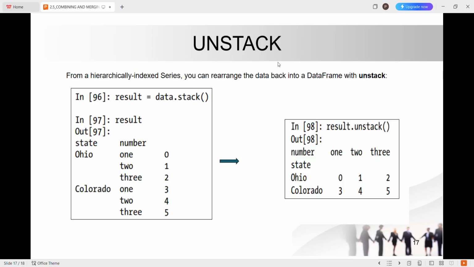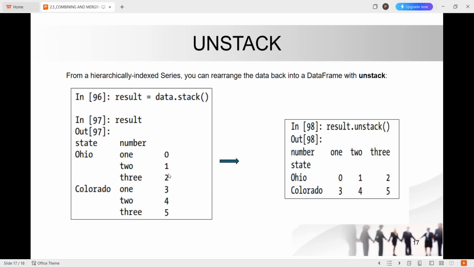Now unstack. The main function of unstack is to convert the rows to columns. So we'll take the same data. Now when we apply the command called unstack, whichever is the row will be converted to columns. Here the rows are 1, 2 and 3, the number specified as 1, 2 and 3.